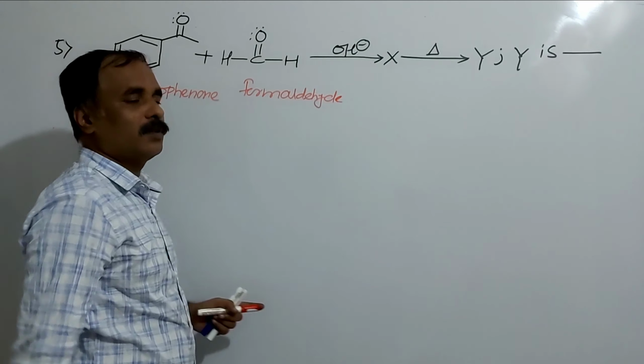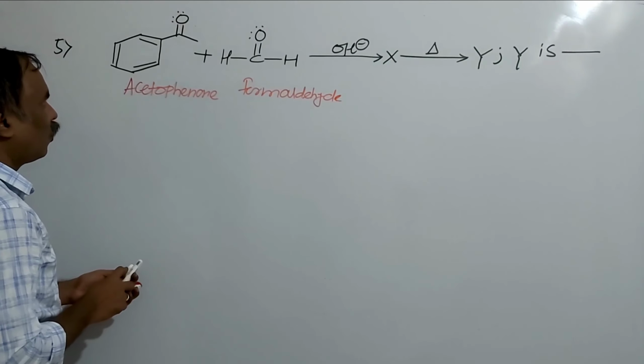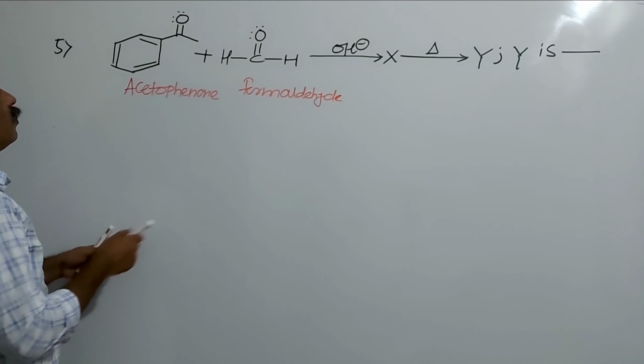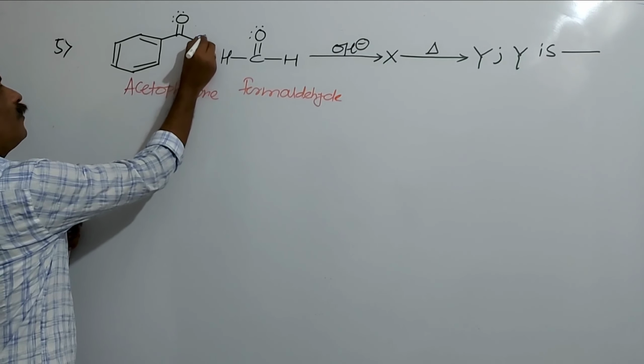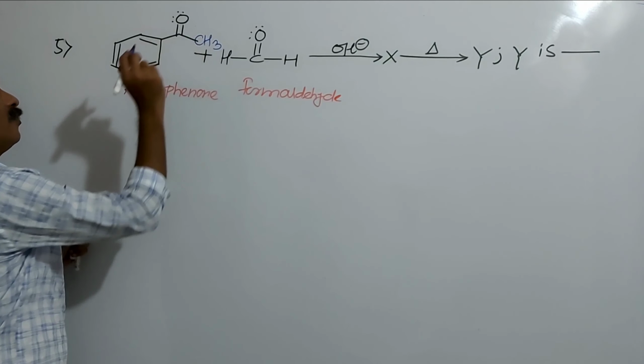What is the condition for aldol condensation? Alpha hydrogen is required. Take this formaldehyde, there is no alpha carbon, so there is no question of alpha hydrogen. But here, in case of acetophenone, here it is alpha carbon having alpha hydrogens.